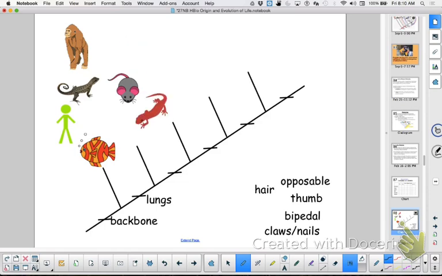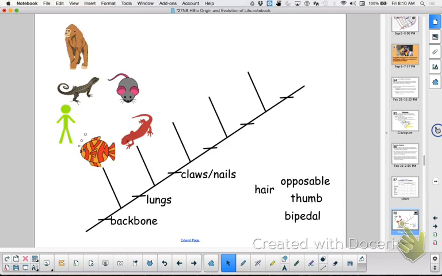Okay. Claws and nails. Okay. Then what are you going to go with? What? I didn't hear what you said. Oh, the lizard. I'm looking for a structure. Okay, gotcha. They all have hair? Okay.